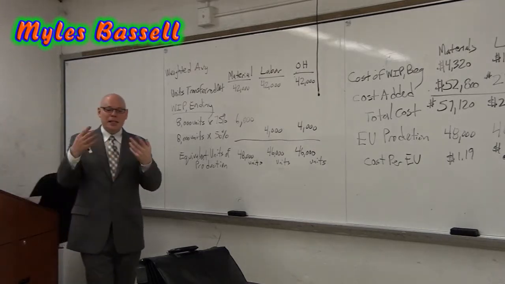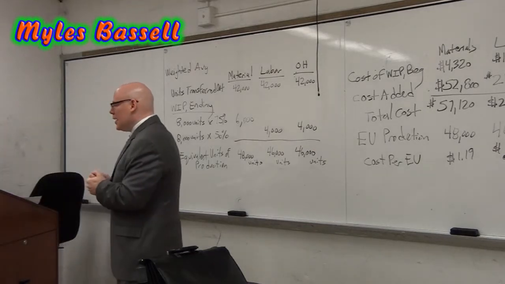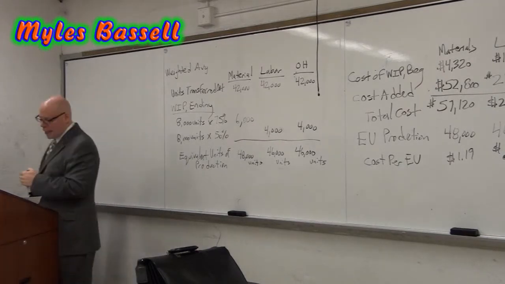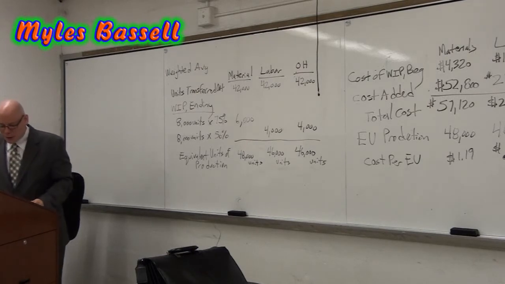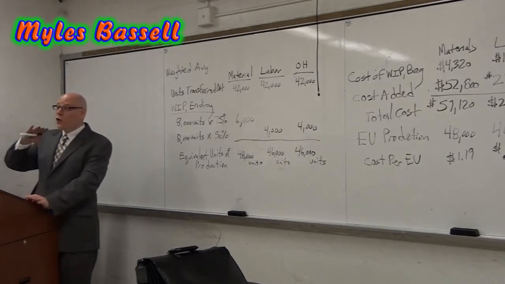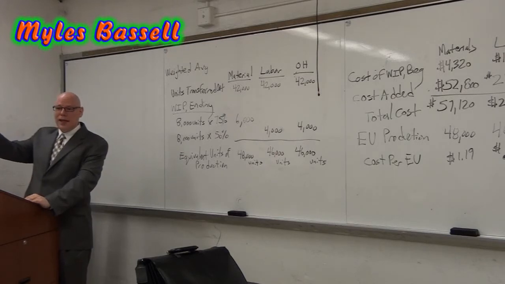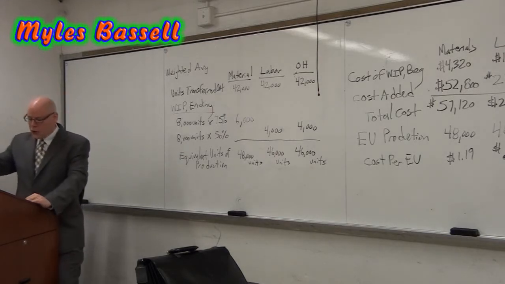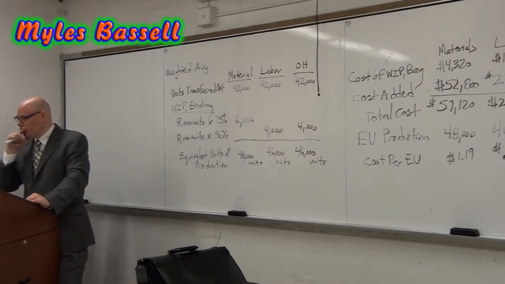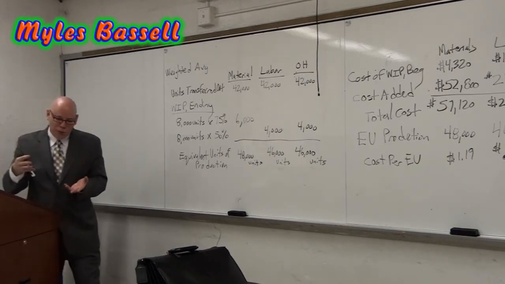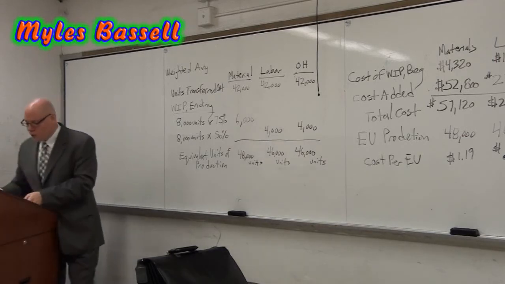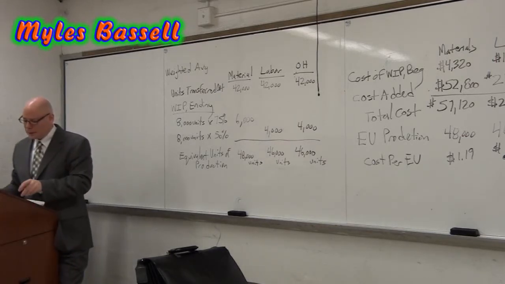And what is that? Basically it's a combination. Ultimately what we're going to do is look at the cost of the ending work in process, and then the cost of the units completed and transferred out. So that's what the cost reconciliation is going to allow us to calculate.